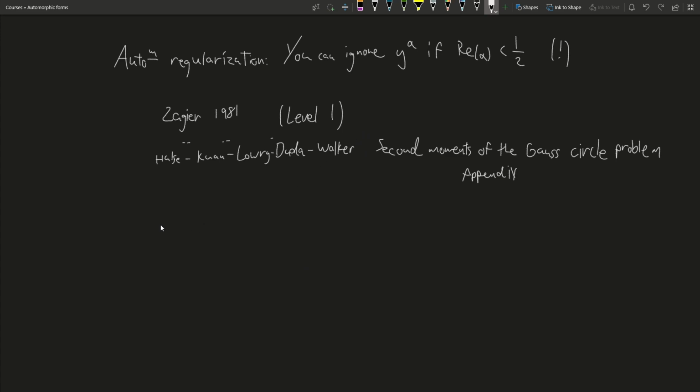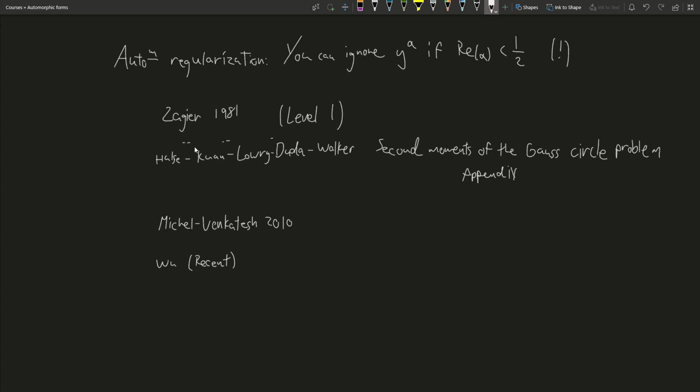Then there's also, in more generality, this paper of Michel and Venkatesh, which does this automorphic regularization stuff in a lot of generality from 2010. And then there's also recent work of Han Wu that tries to expand even further.